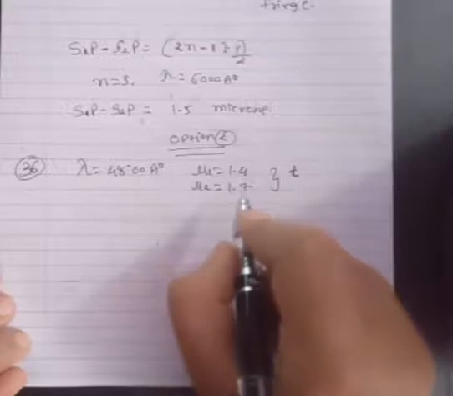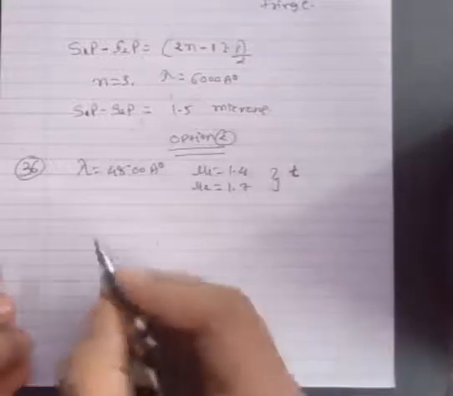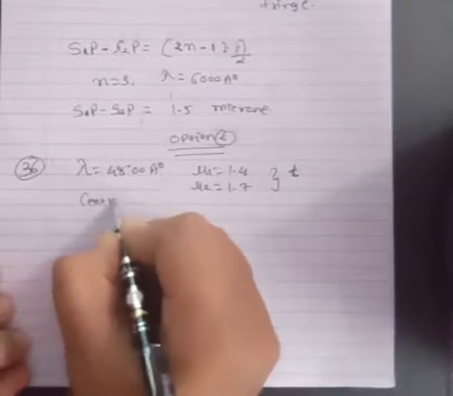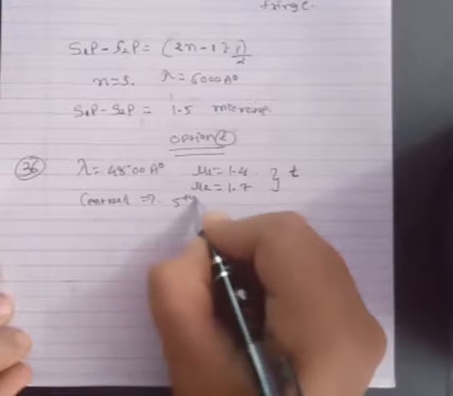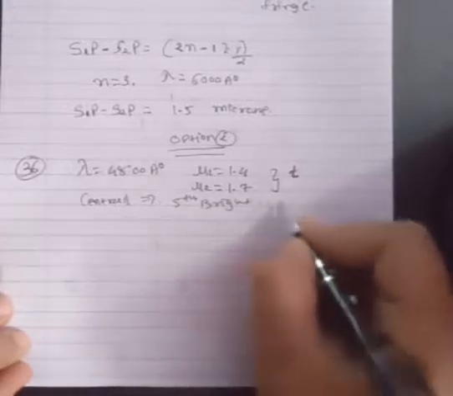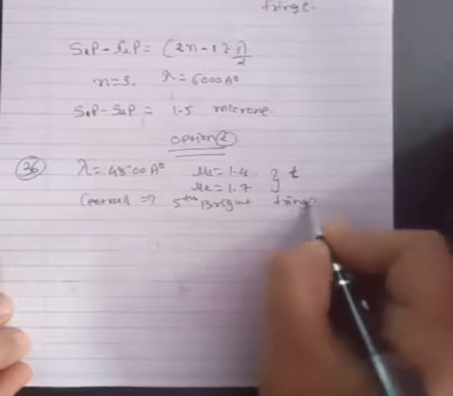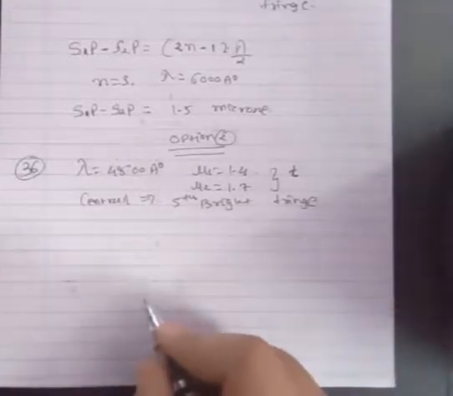By doing so, the central fringe is shifted to the fifth fringe. So the position of the central fringe will be at the fifth bright fringe. We want to find the thickness of the glass film.